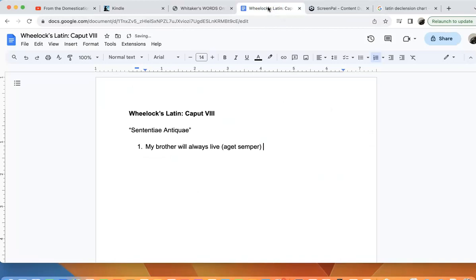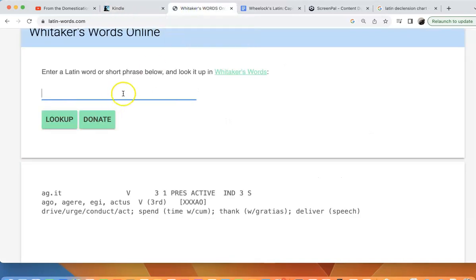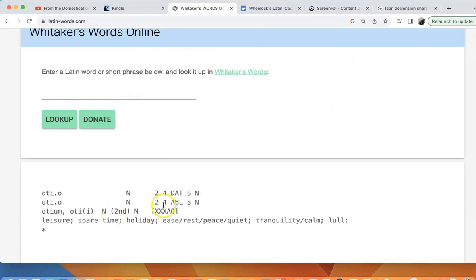Will always live a life of leisure, even though the grammar in the Latin says in leisure, because otio, we do have a word in English, otiose. Again, I think we've had this word before, but this is going to be dative. And so I guess it could also be ablative as well.